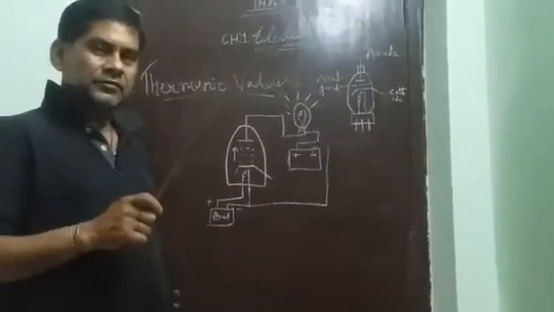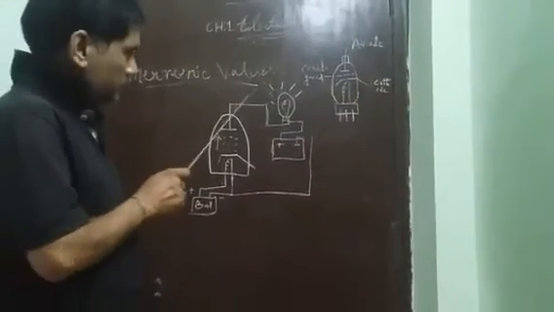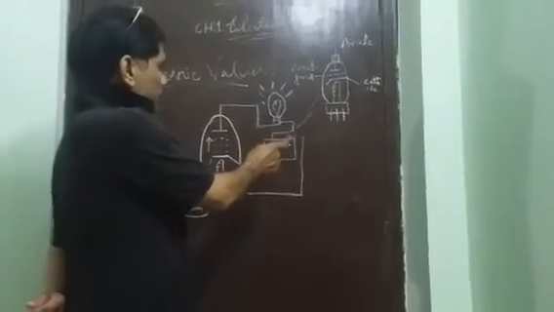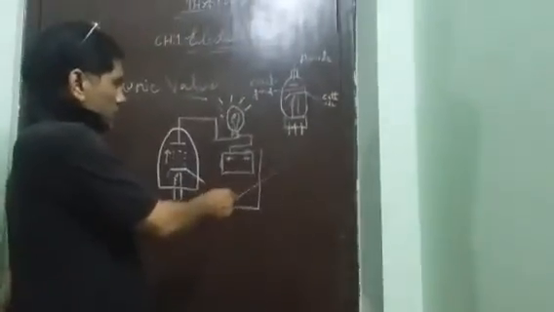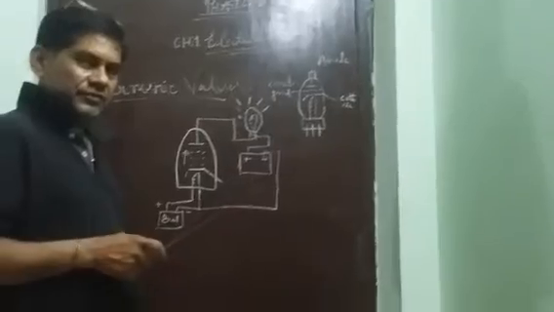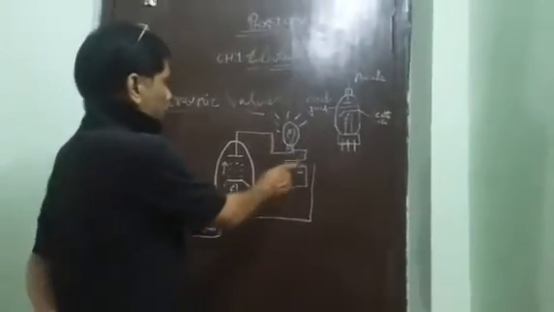He invented the vacuum valve first, and with this theory and technique of the radio valve, now we are using transistors, ICs and chips. But the basic was the vacuum valve.